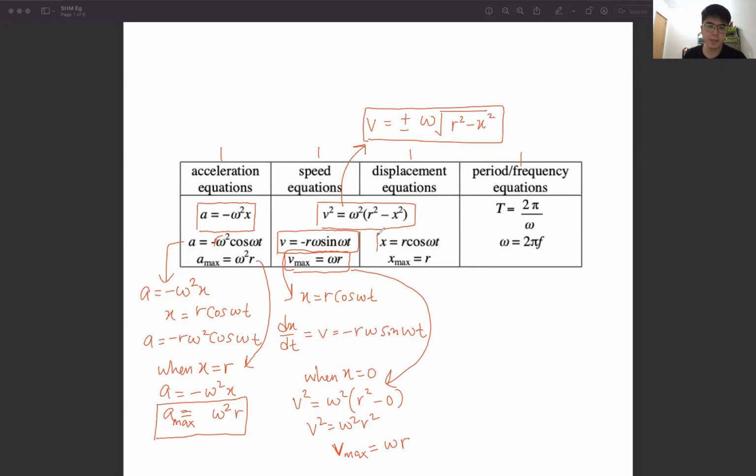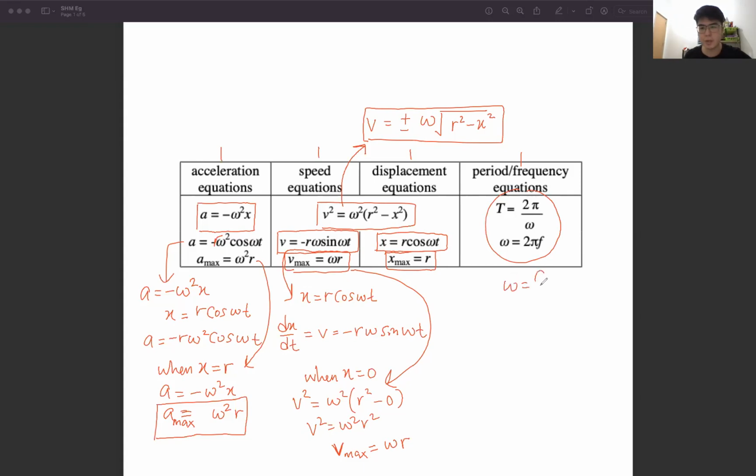Now this one is the displacement equation, and the maximum displacement, the maximum amplitude, is equal to r. And this one is from the circular motion. How do you get T equals to 2 pi over omega?